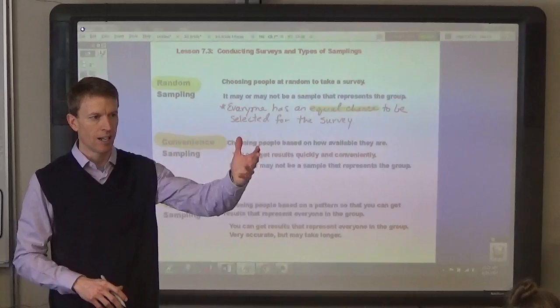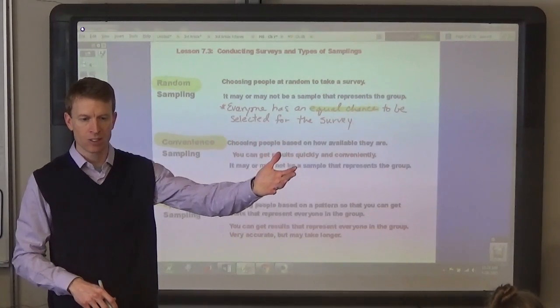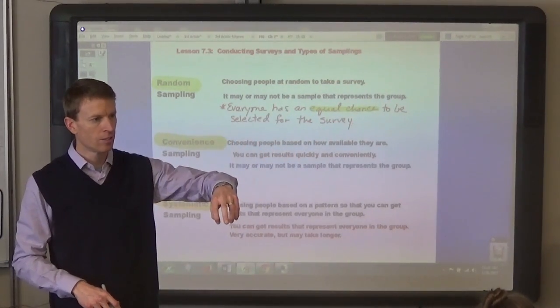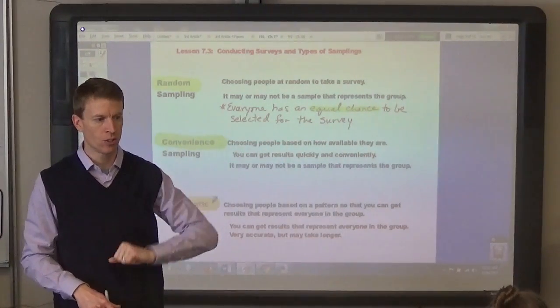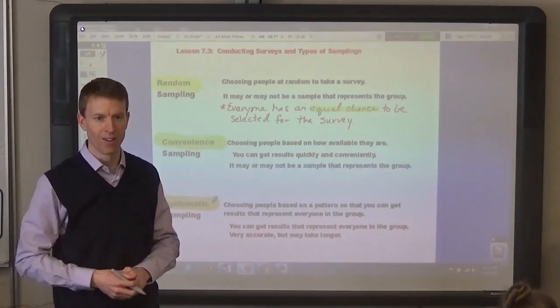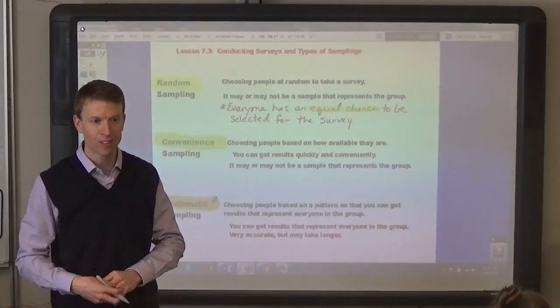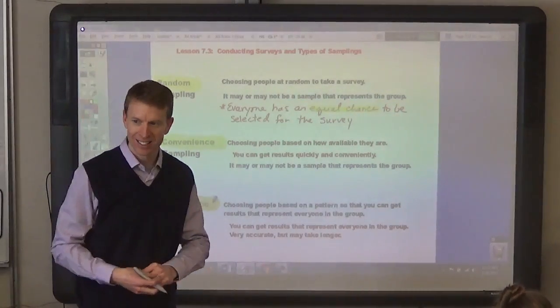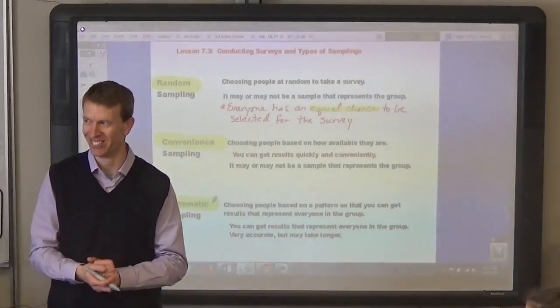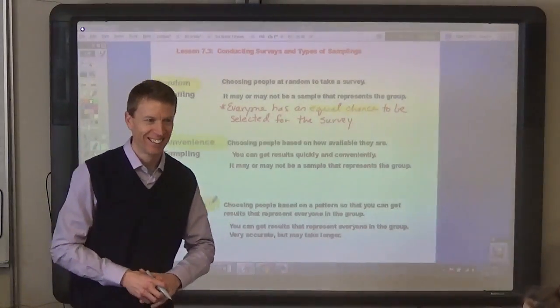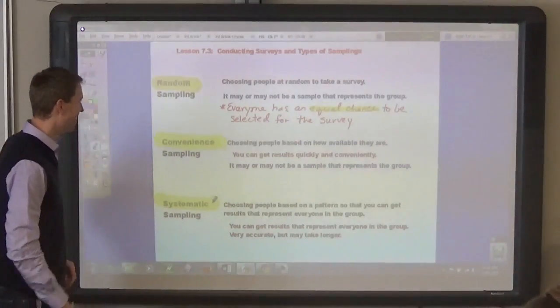You might, if we were conducting a convenience survey in our school, you might go to places where you know kids are going to be going to the water fountain, to the bathroom, to the cafeteria. Hopefully before you walk into the restroom. All right? Not in the restroom. Okay.